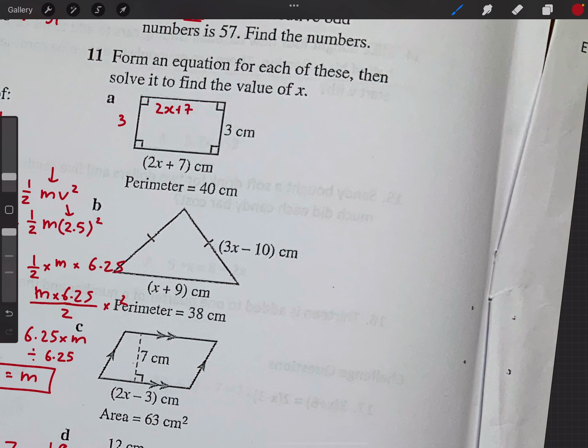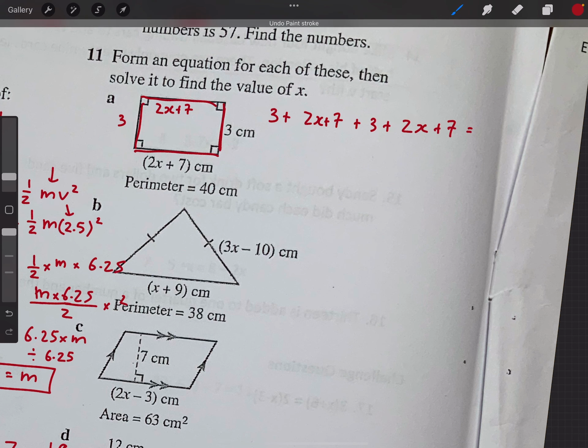So let's add them all together. So this one, which is 3, plus this one, which is 2x plus 7, plus this one, that's another 3, plus this one, which is another 2x plus 7. And if you add them all together, you're going to get the perimeter of 40, which is given to us.